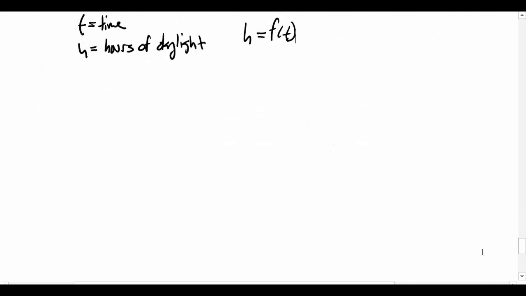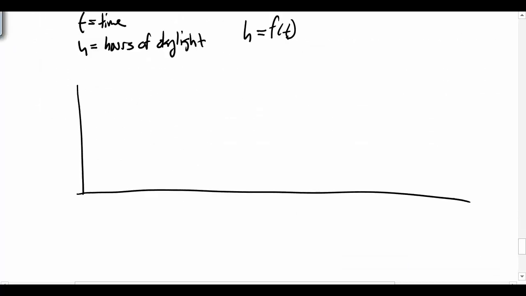Okay, and then what I want to do is create a graph and label this information. I'm going to start in January, and then February, March, May, June, July, August, September, October, November, December.